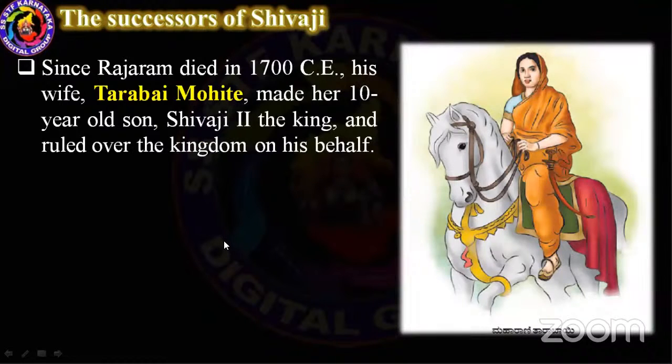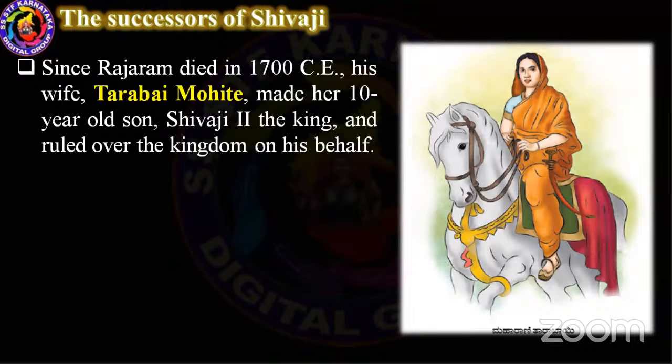Since Rajaram died in 1700 CE, his wife Tarabai Mohite made her 10 year old son Shivaji II the king and ruled over the kingdom on his behalf. Rajaram died in the year 1700.